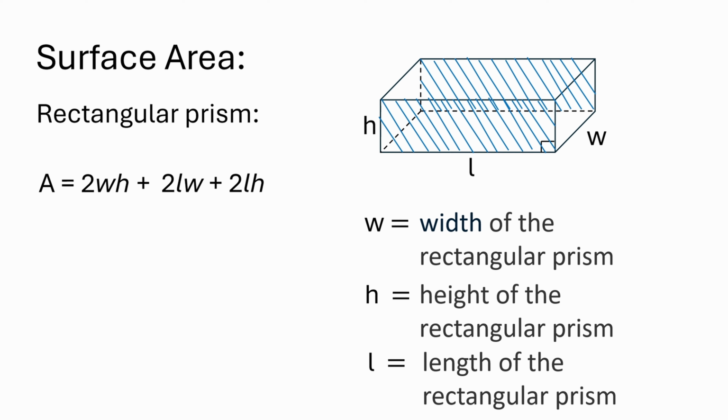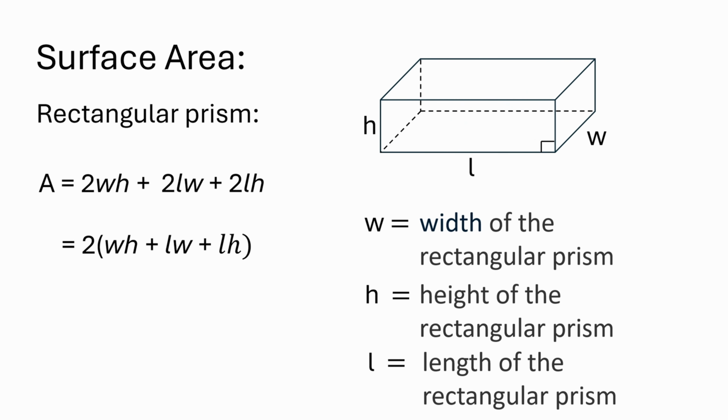So total surface area is equal to 2 times w times h plus 2 times l times w plus 2 times l times h, which is equal to 2 times, in the bracket, w times h plus l times w plus l times h, close the bracket.